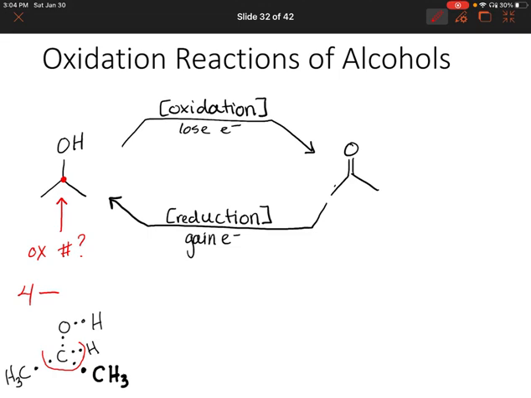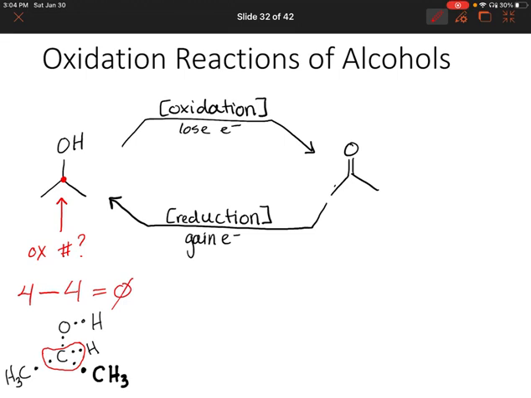And then oxygen is more electronegative than carbon, so it would own both of those shared electrons. So it looks like carbon only has ownership over 4 total electrons. So we would subtract those 4 owned electrons from the valence electrons, and that gives us a value of 0.